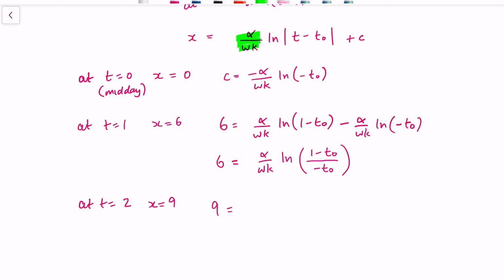Now, alpha over wk, I've actually worked out what that is, because I can see it's there and just rearrange that equation so I can eliminate some stuff. So alpha over wk is 6 over ln of 1 minus t naught over negative t naught. Then I've got ln of t minus t naught, and in this case t is 2, plus the c value, and the c value was minus alpha over wk again.